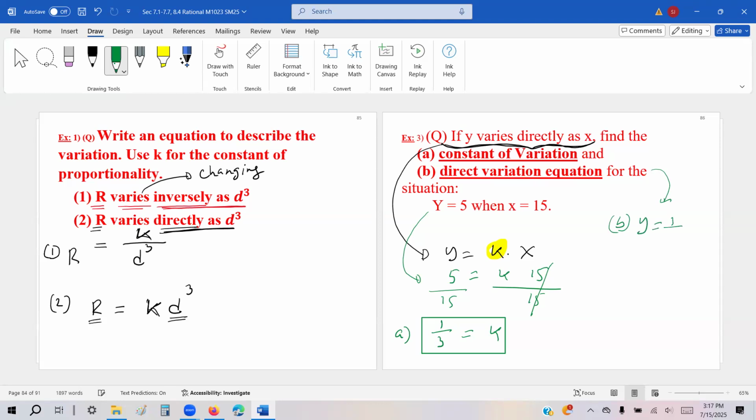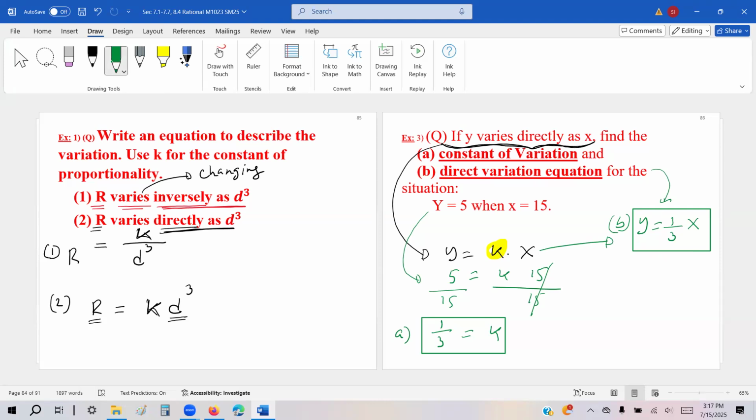Y equals 1/3 of x. Because this is our equation, right? Y equals k times x. What is k? 1/3. So y equals 1/3 x.